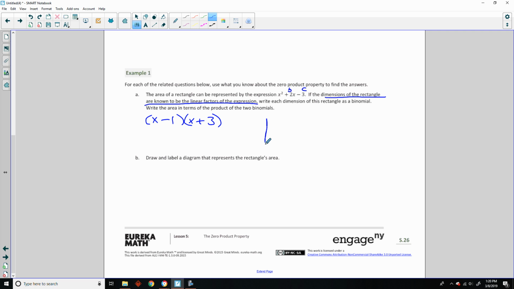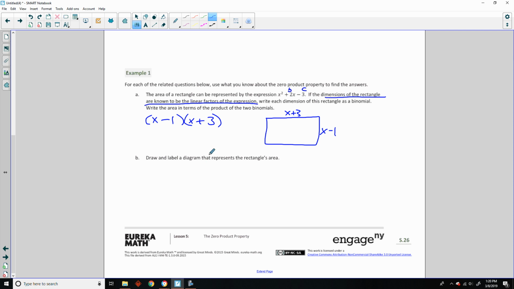So next thing we need to do is, a rectangle looks something like this, and which would be bigger? If x is 5, 5 minus 1 is 4. If x was 5, 5 plus 3 is 8. So this is the longer side, the one that we're adding 3 to x, and this is the shorter side. So there's our rectangle diagram.